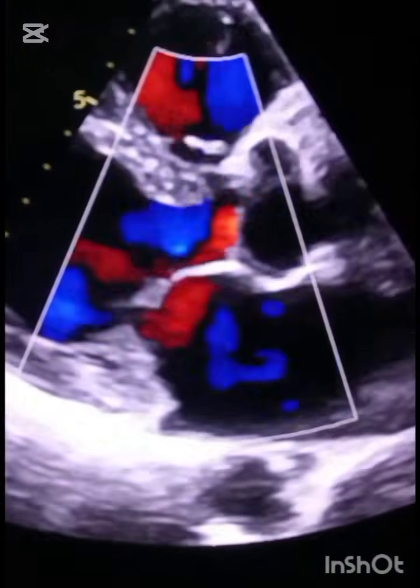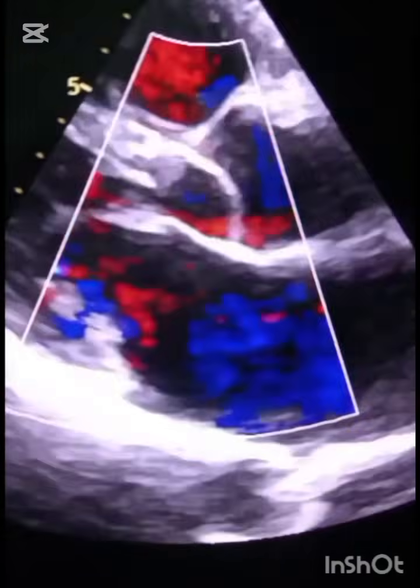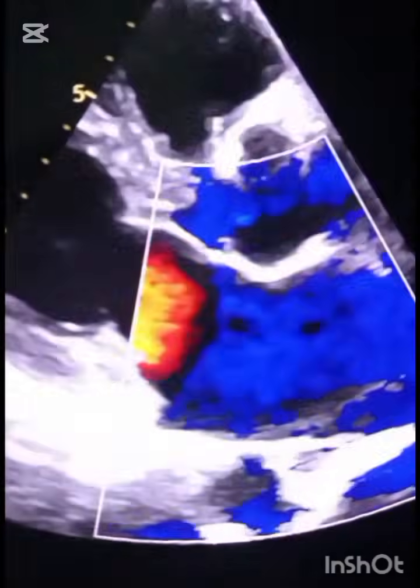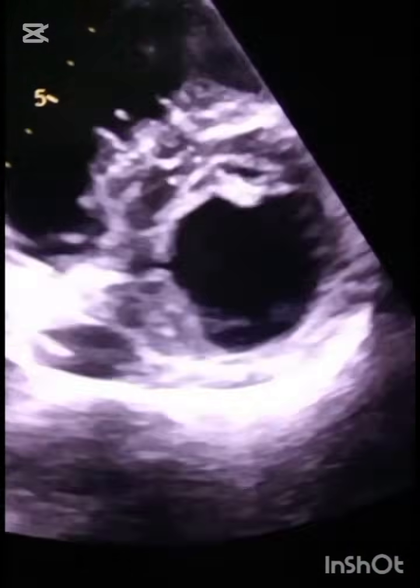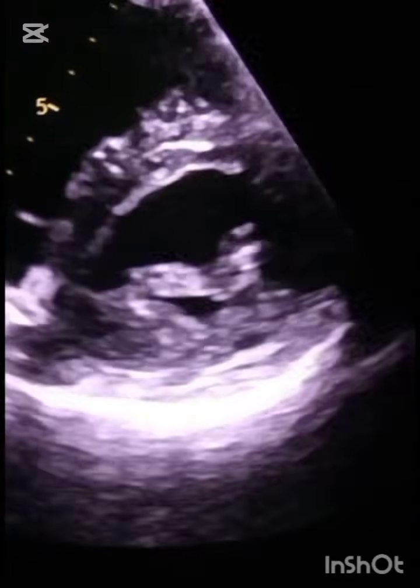Color flow assessment of MR: jet area, jet to LA area ratio, direction of flow, central jets, and eccentric jets. Color will also guide Doppler exams.